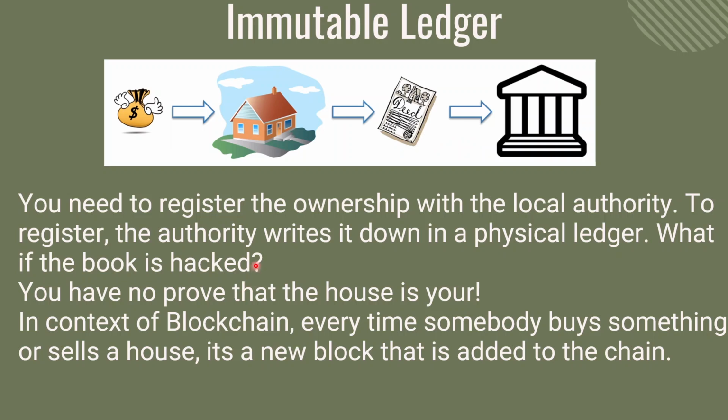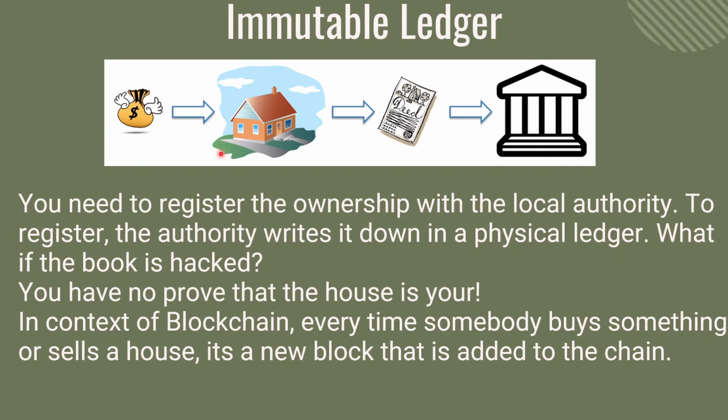Now let's get back to a new and very important topic of blockchain technology, which is called the immutable ledger. For that, let's think of a scenario where you have cash and you want to buy a house, and you have bought the house.